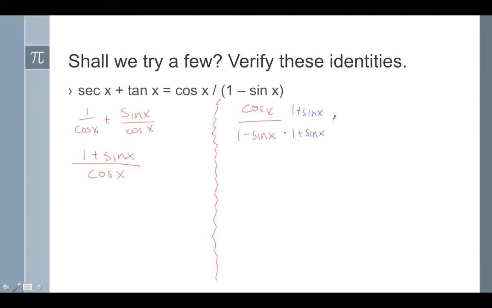So when I multiply in the numerator, I'm not going to distribute. And I kind of mentioned this in the last video. I don't always distribute right away because sometimes things cancel. And the fact that I know where this one's going, I know that this does cancel as well. So I get 1 minus sine squared in this product here. Okay, my numerator hasn't changed.